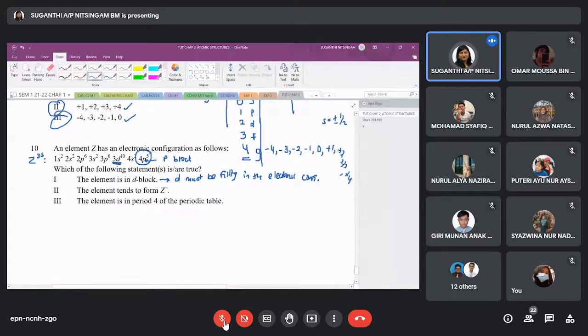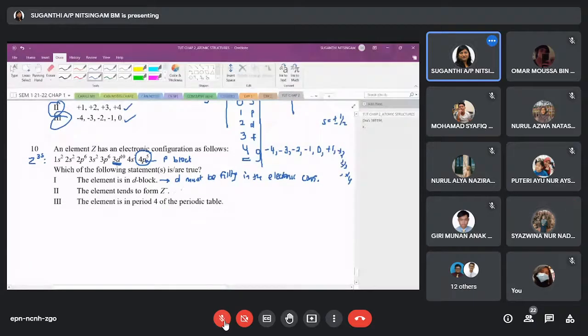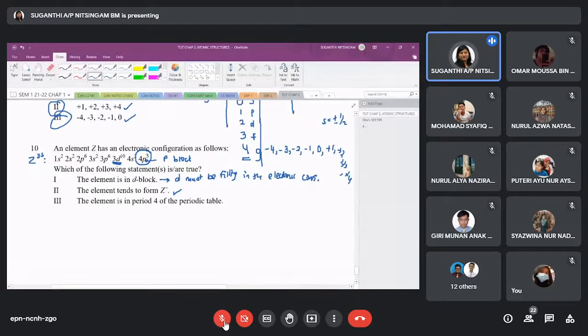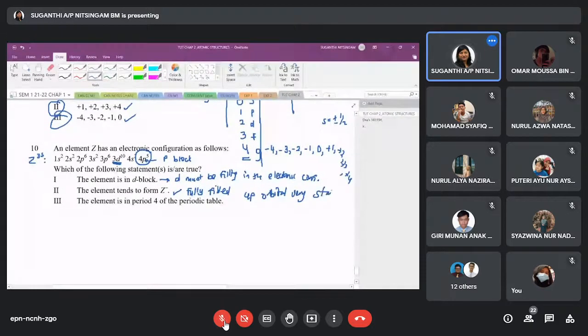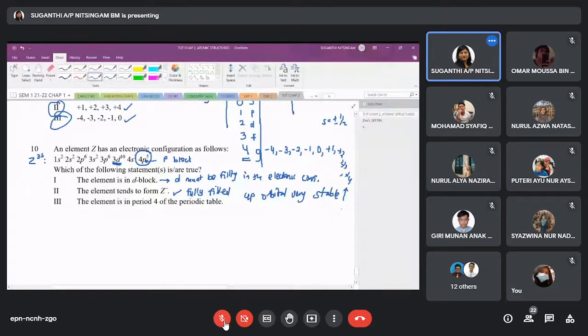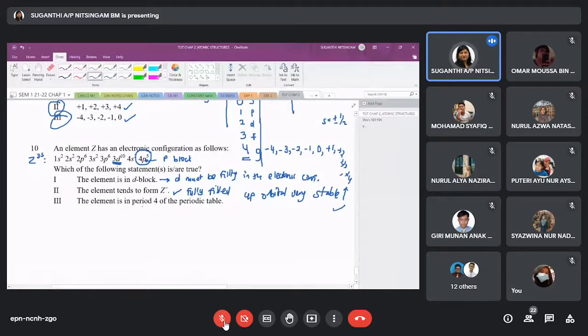You will see this tomorrow when I teach you the periodic table. If it says the element tends to form Z minus, is it true it wants to become Z minus? True, because if it becomes Z minus, it will be 4p6, fully filled 4p orbital, very stable. True. The element is in period 4.